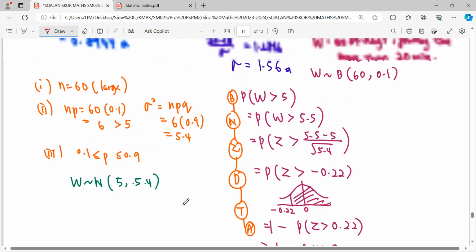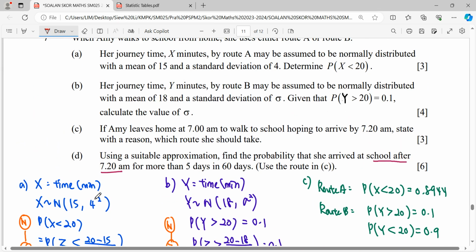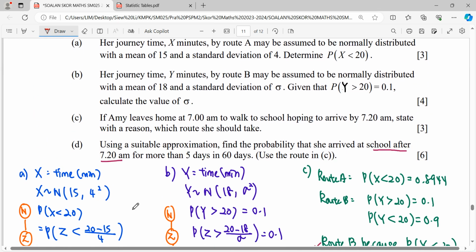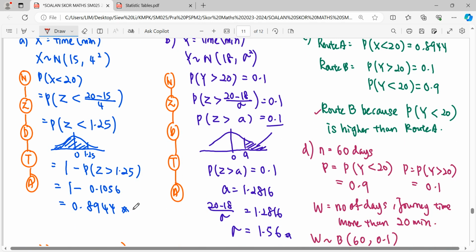Then we come to the marking scheme. We see how far we can score this question. The first question is 3 marks. So the important step here will be the first one, change the X of 20 to standard form, to standard Z-score. Then the way of reading from the table to find the answer.